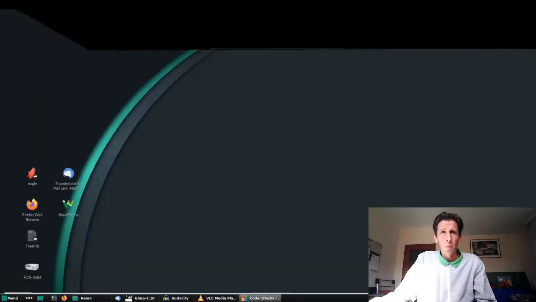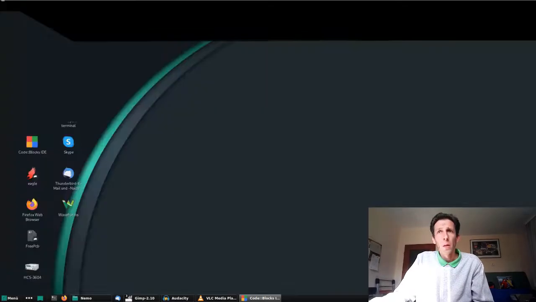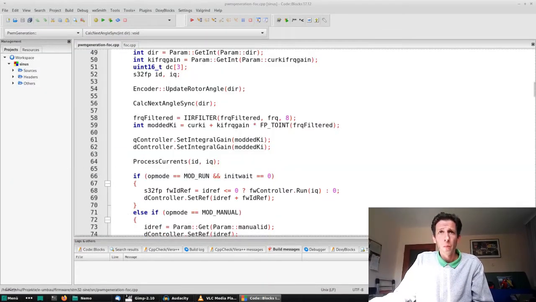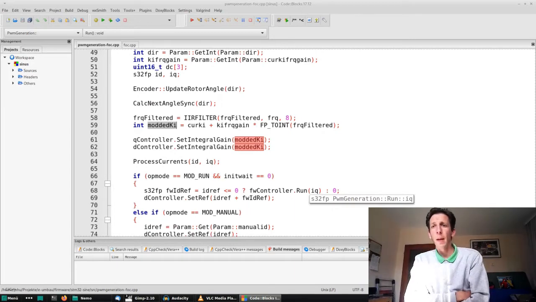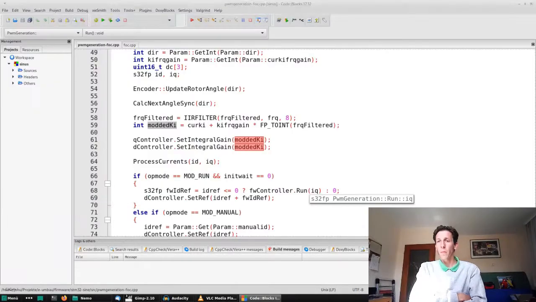So, next, another surprise. Ignore the filtering for now. But we see we generate here a modded Ki, and Ki is the integral gain of our PI regulator. For now, I'm assuming you know what a PI regulator is.